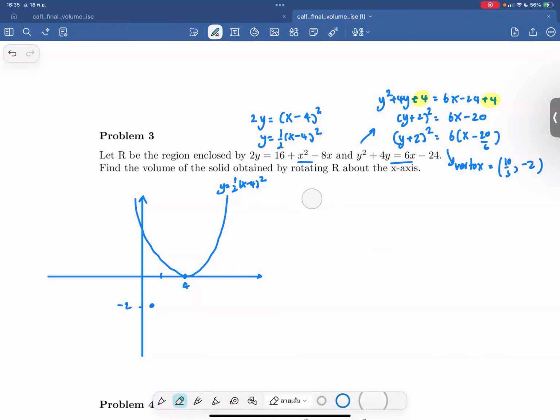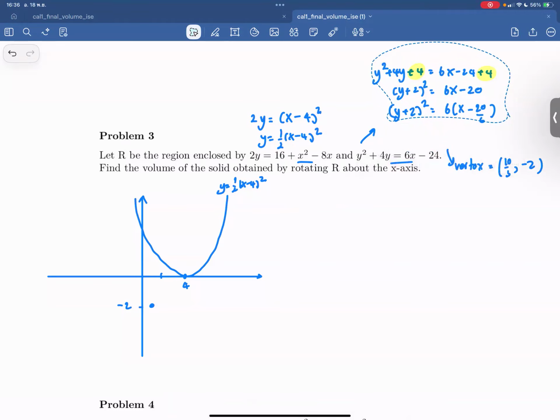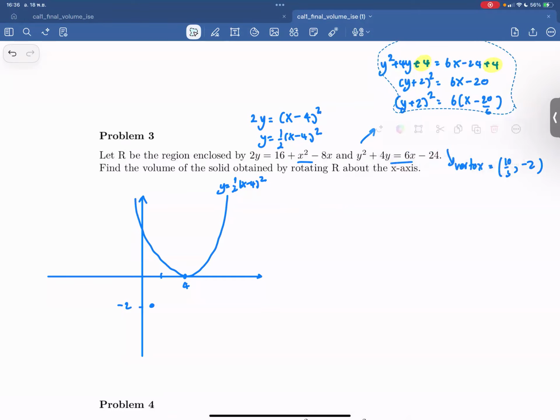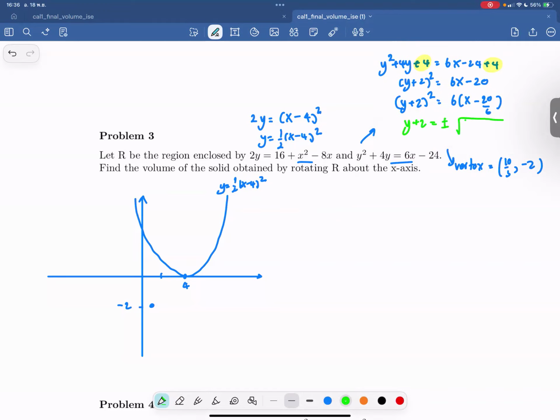Okay, I may solve only the variable x, it might be better. So let me try to adjust this equation a bit more. I will isolate y and then, so this one should be plus minus 20, and then y equal to minus 2 plus minus.